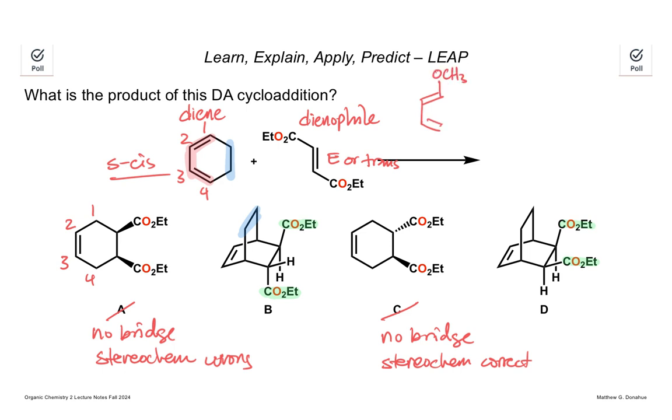So if that was your diene, and your dienophile was, say, that aldehyde, you now have a choice. So I have the dienophile oriented that way, or I could orient it that way.